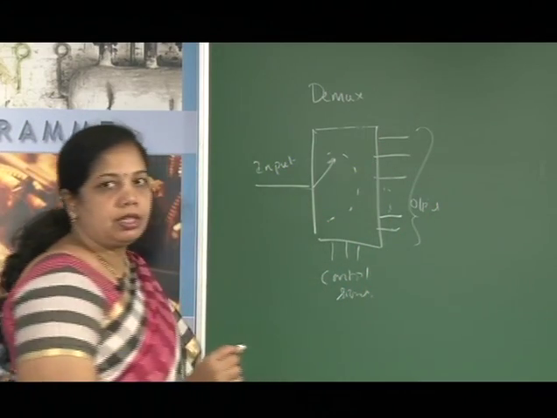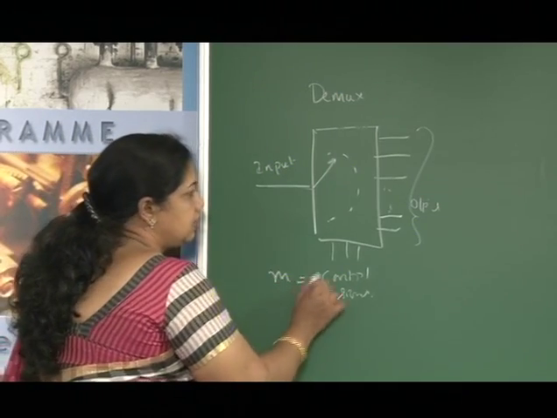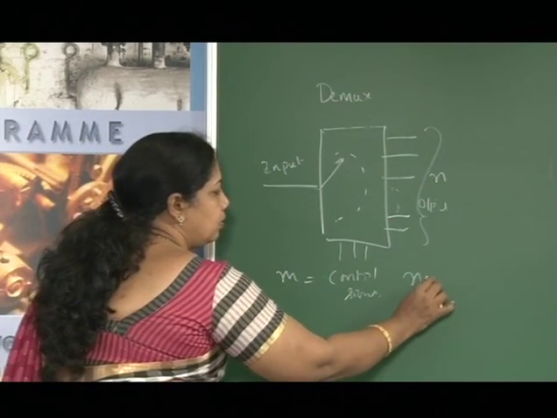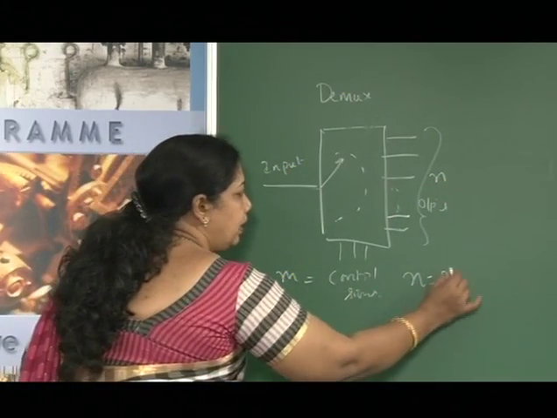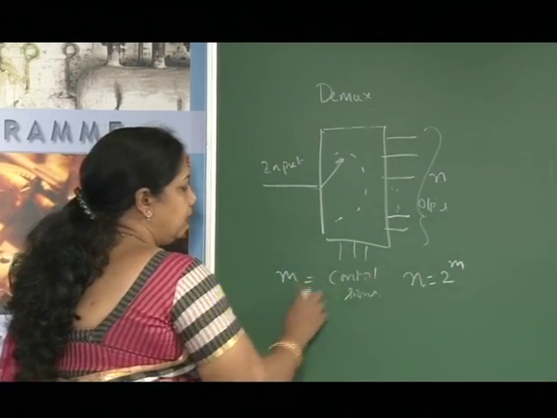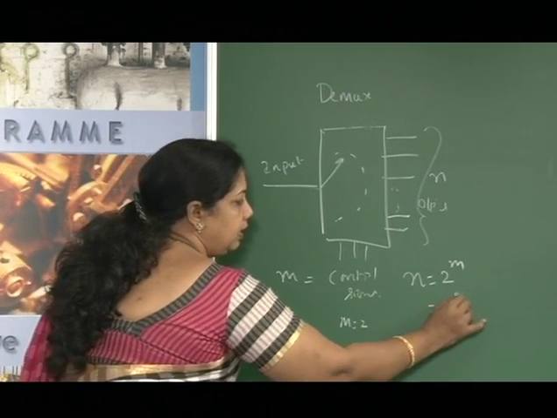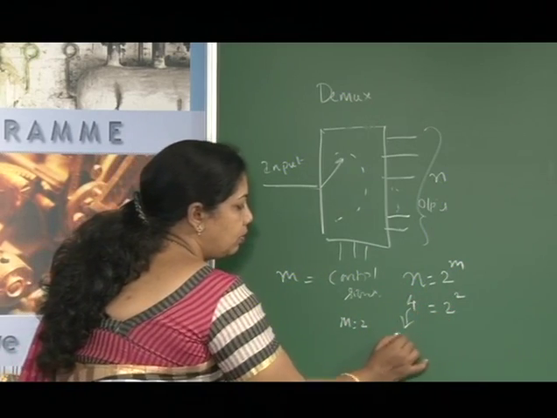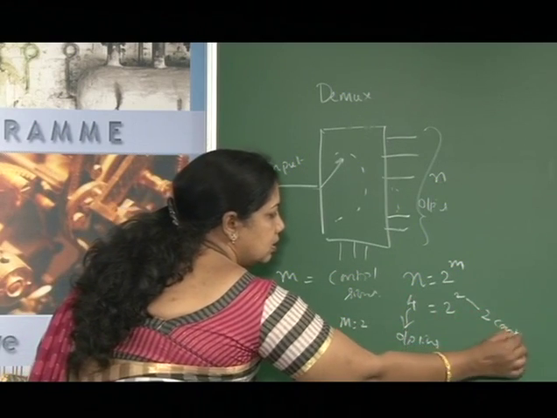We have m control lines and n output lines, where the relation between m and n is n equals 2 power m. Whenever m is equal to 2, I will have 4 output lines and 2 control signals.